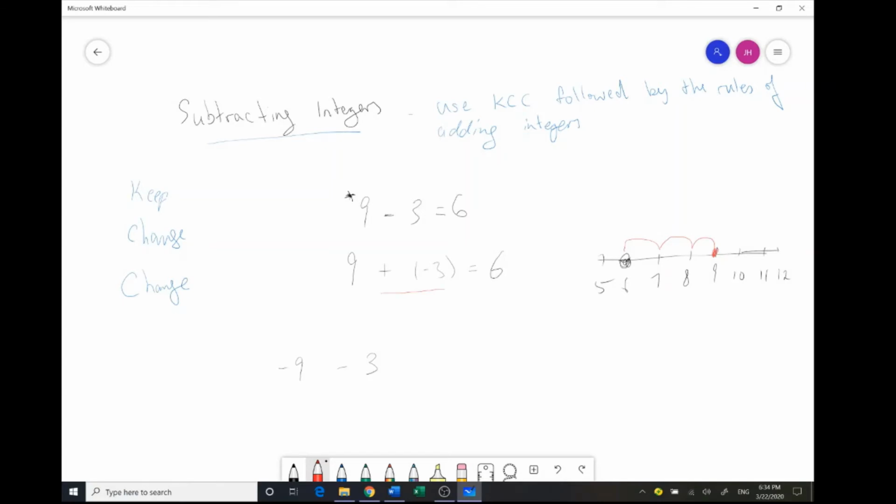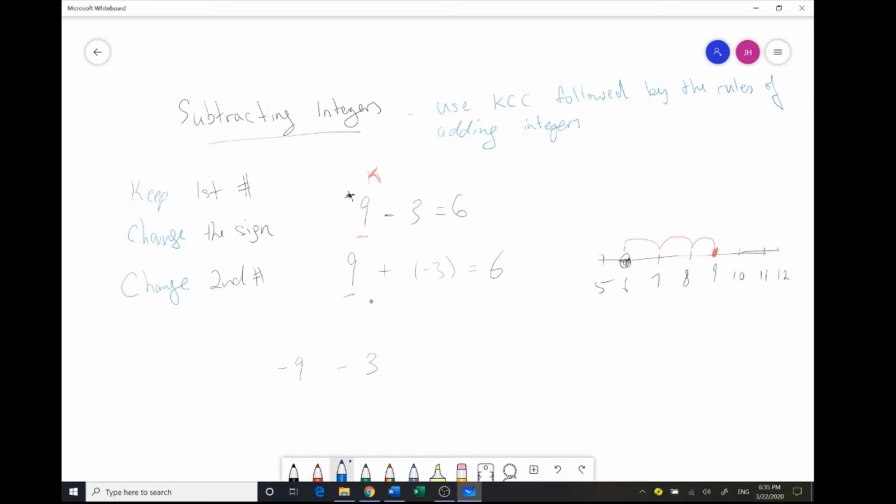So keep, what we mean by that is keep the first number, change the sign, and change the second number. Okay, so keep the first number. That's why 9 and 9 remain as 9 and 9.